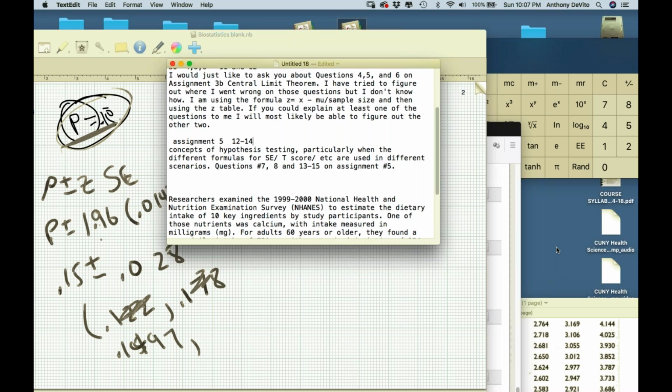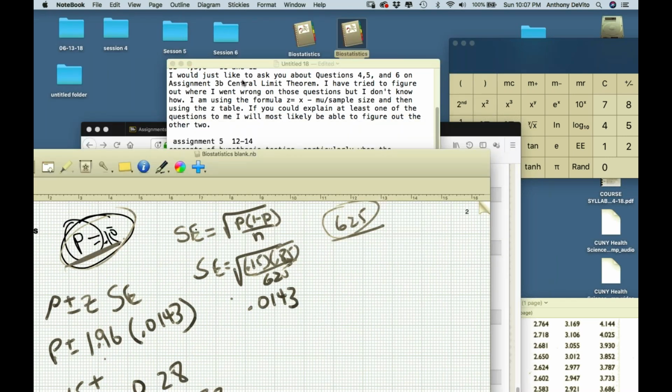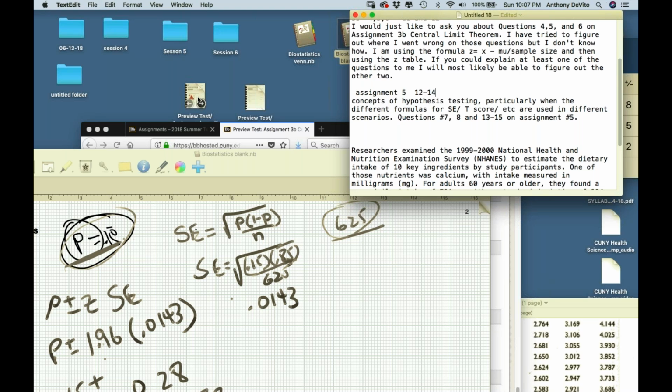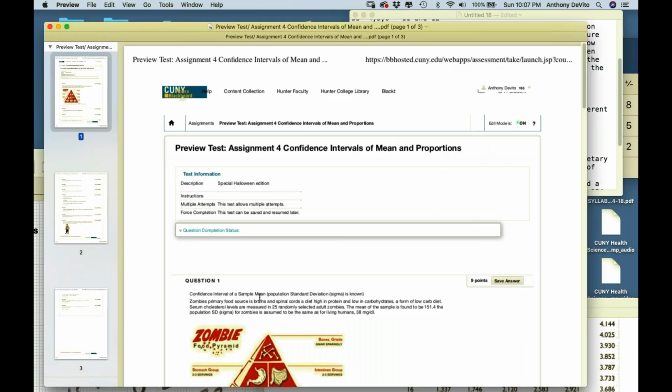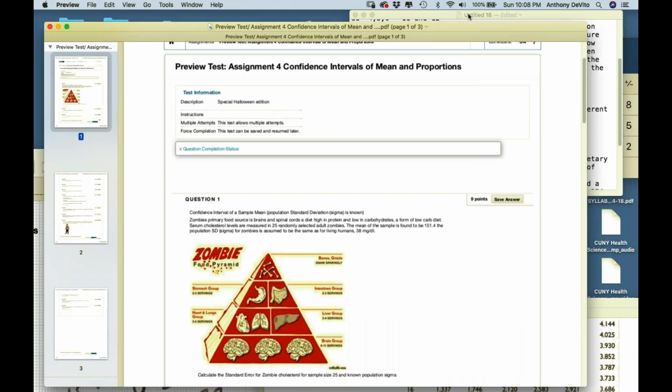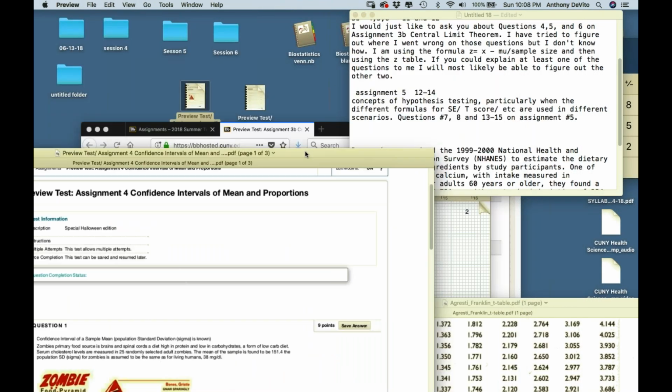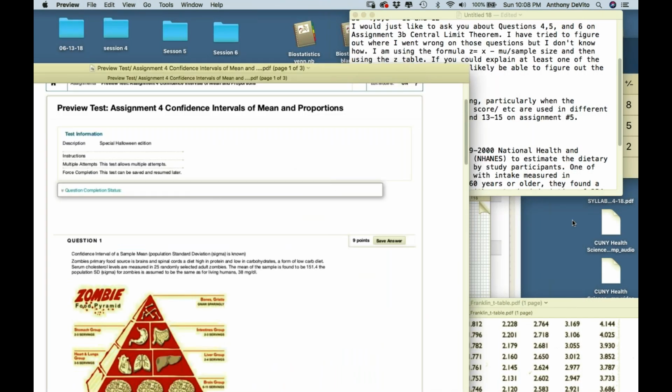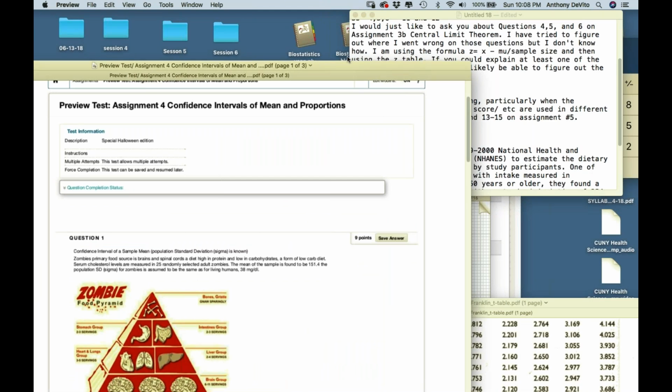I see a couple of Z's there. I hope that's the Z table you're referring to, not sleep. For assignment 4. Okay, let me see assignment 4. What number was that again? That was assignment 4, 12 through 14. Okay.